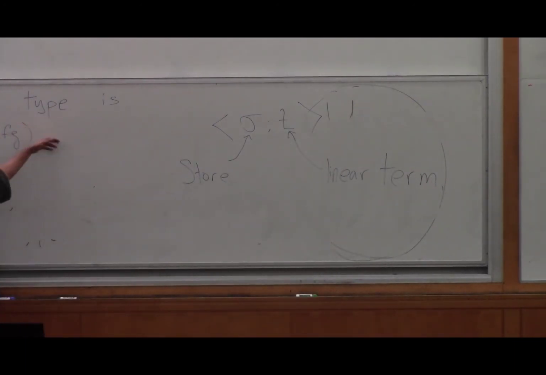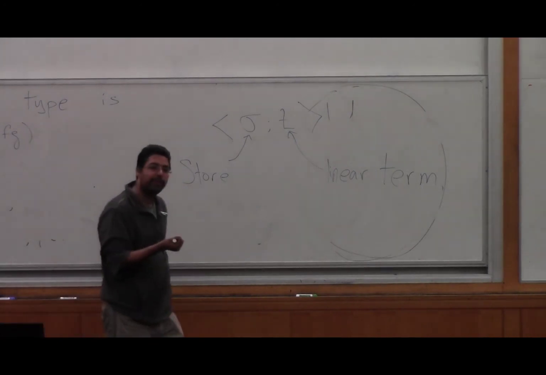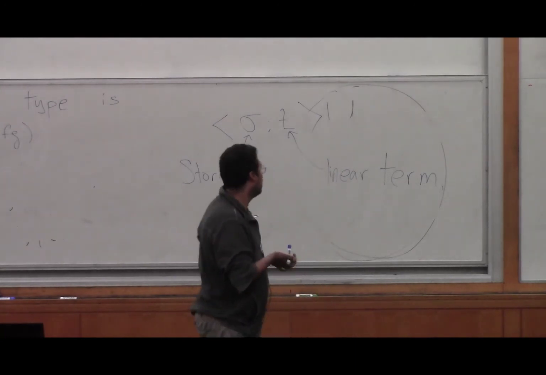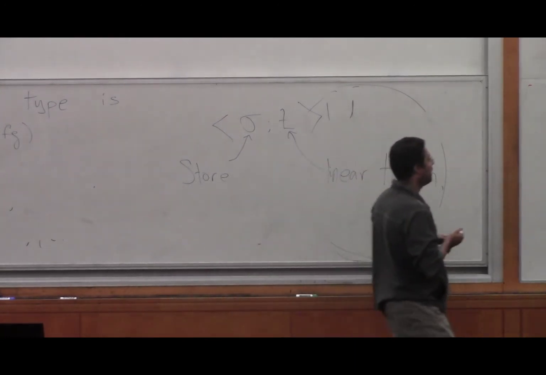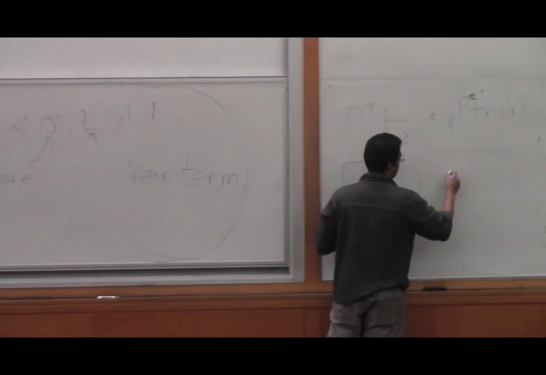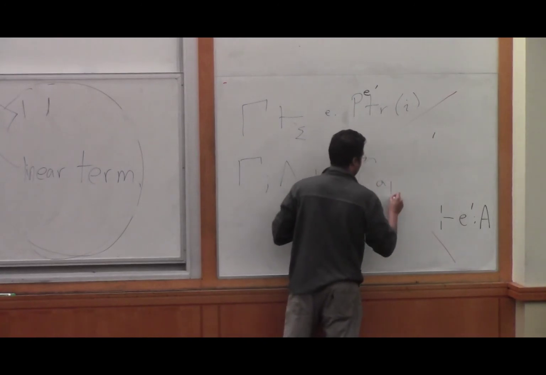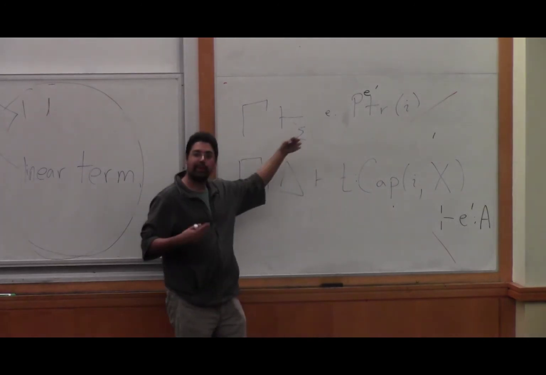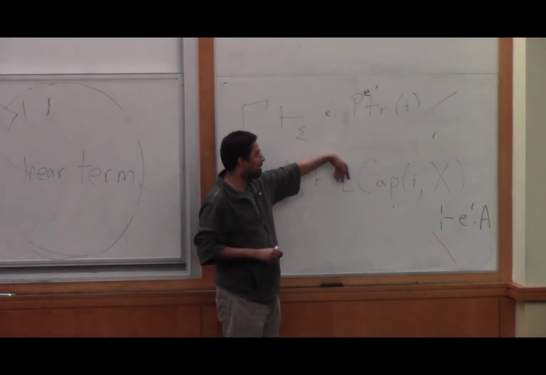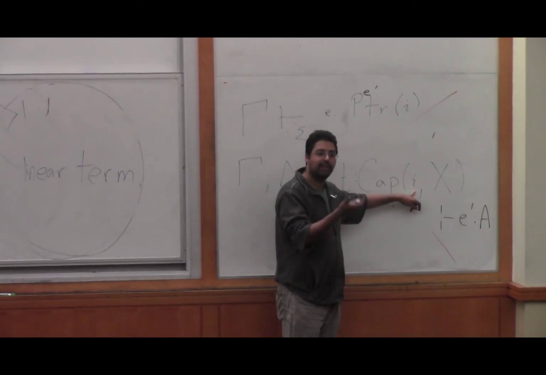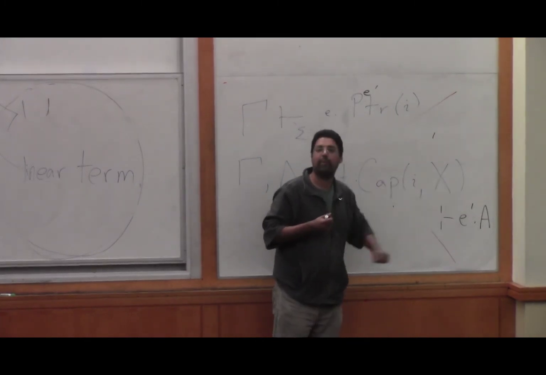So we're using linear types to talk about ownership of memory. For instance, if we have our capability type, then what we're really saying is that this t is some dummy value. The important thing is that it owns the pointer location, the chunk of memory where l points to a value of type x.